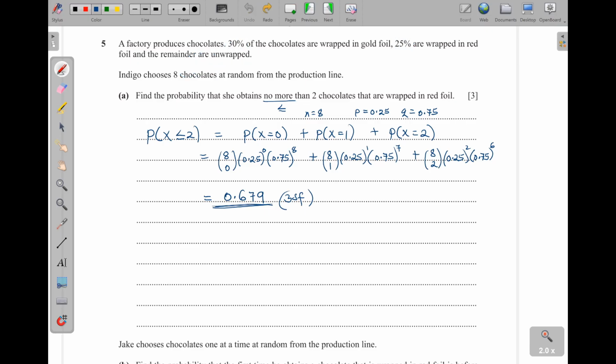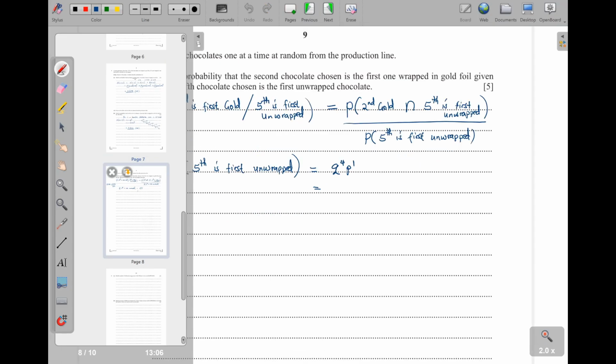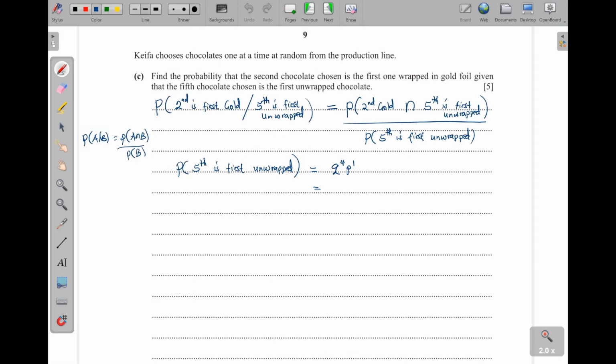Okay, so getting back here, Q is getting the ones which are wrapped, the 30% and the 25%, which is 0.55. And the 45% is the one for the unwrapped, which is 0.45. Now let's go to the next one.